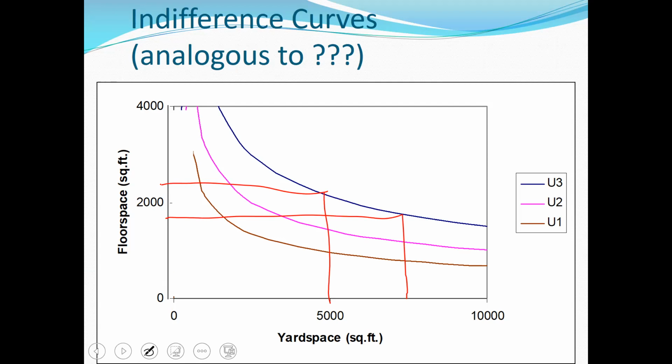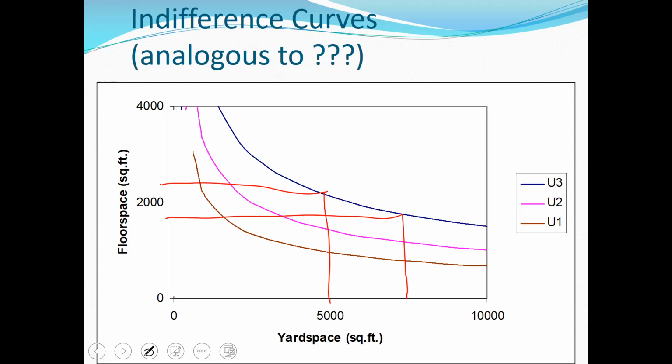And you can think how this is reasonable, right? Because that type of house might sell for a similar price, because on average, people derive the same utility from it. So that's what this indifference curve is telling you.